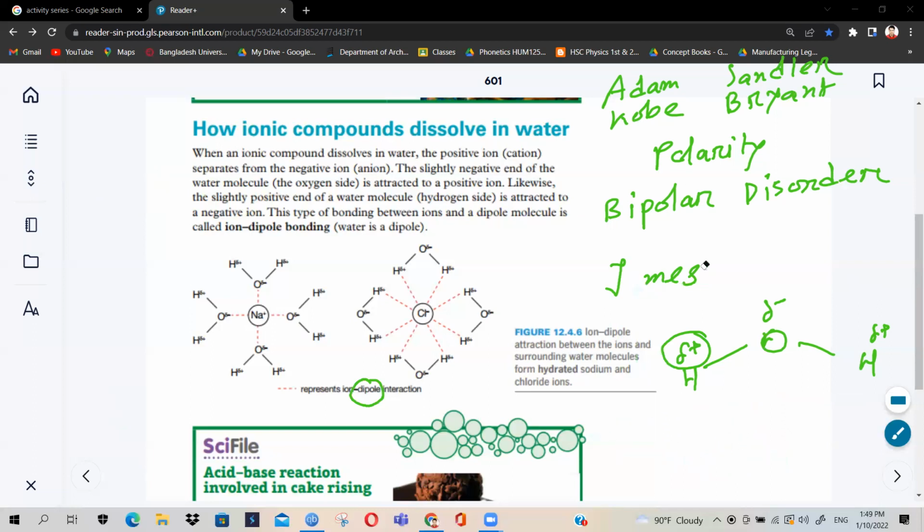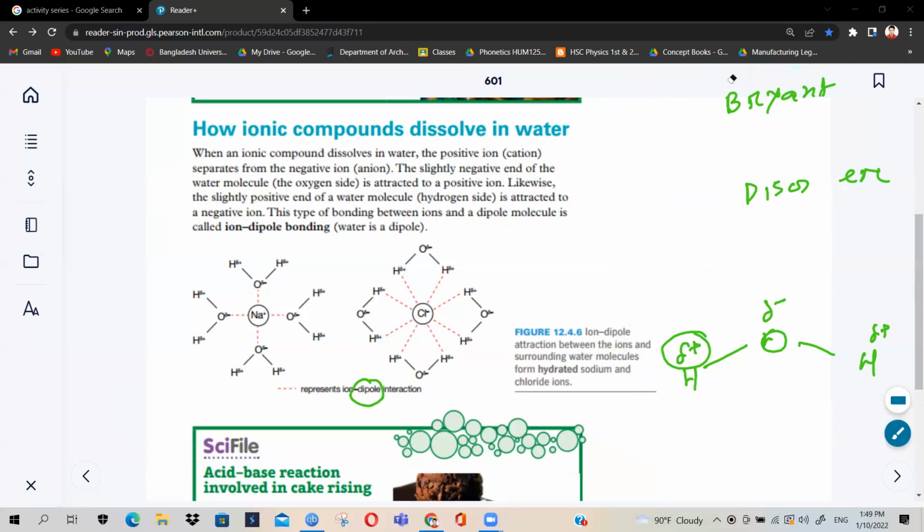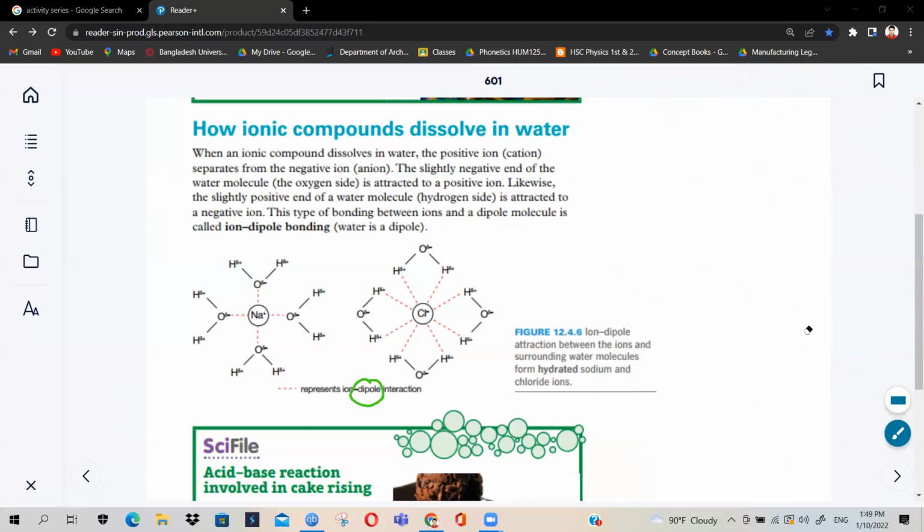Now, say for instance, a particular ionic compound is getting mixed with water, which is a polar compound. What will happen? A very interesting thing happens. I don't even have to draw it now. It's already given here.